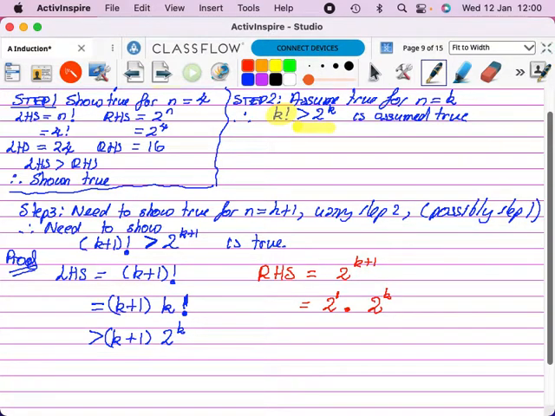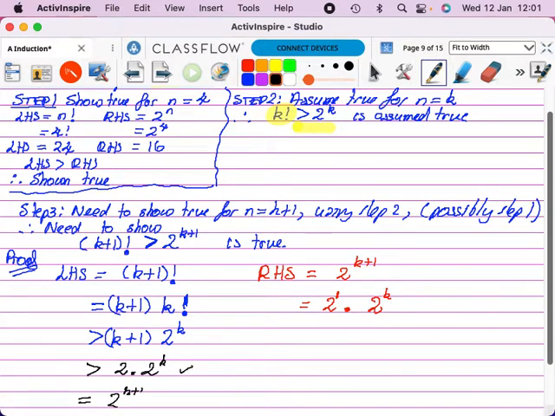Now, you need to be supremely confident in your mathematics, because you need to say, well, I know that the left-hand side is bigger than the right-hand side. So I know, in my heart of hearts, that this is bigger than 2 to the k, which is equal to 2 to the k plus 1.